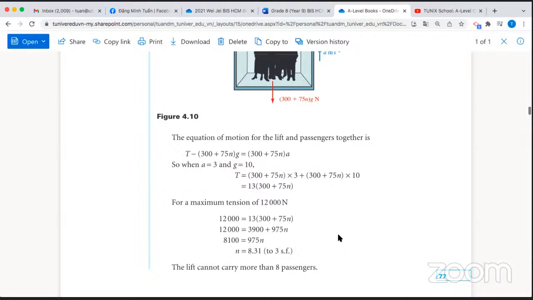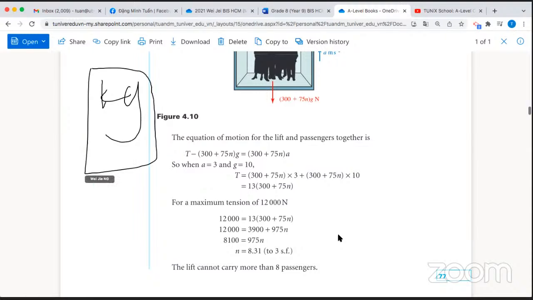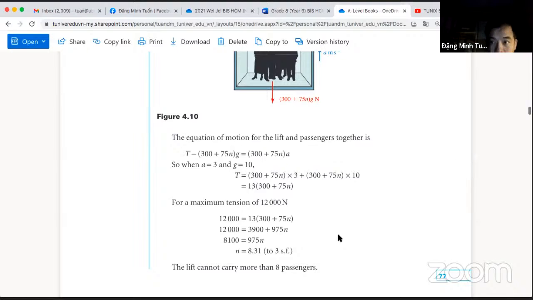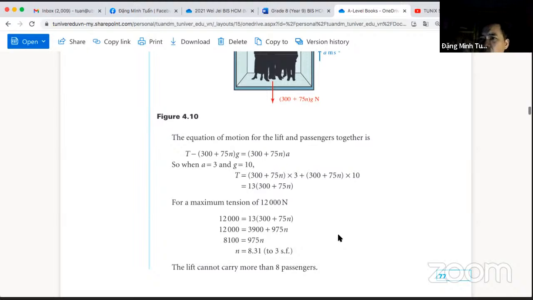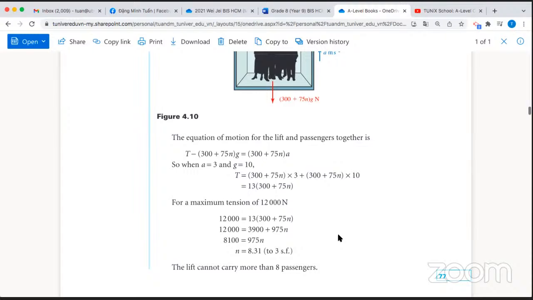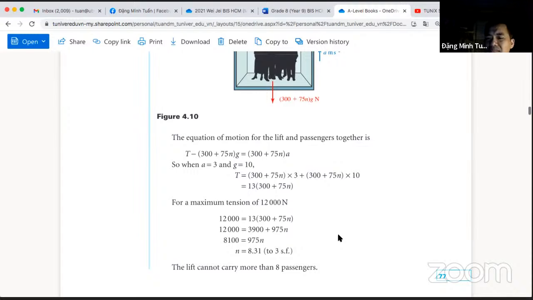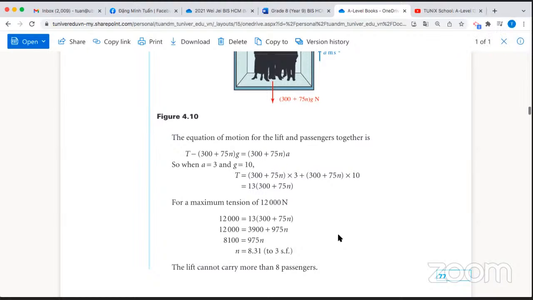They also write the maximum kilograms, because sometimes the lift is used to carry luggage. Afterwards they can divide by the average weight and find the number of passengers.